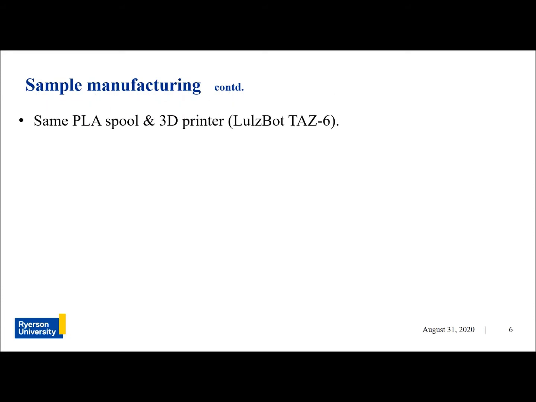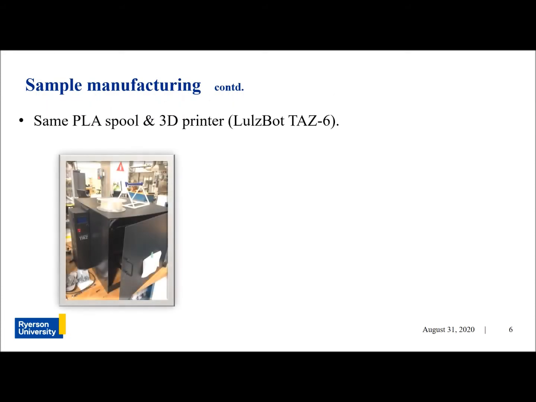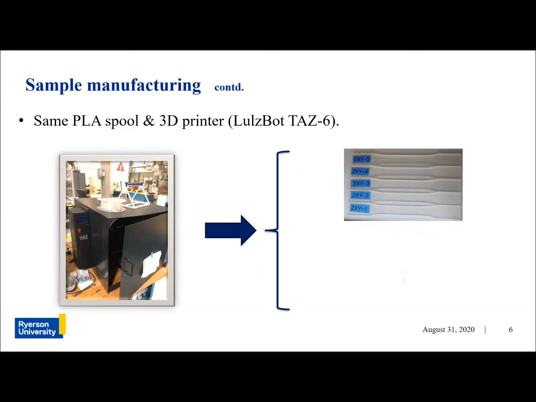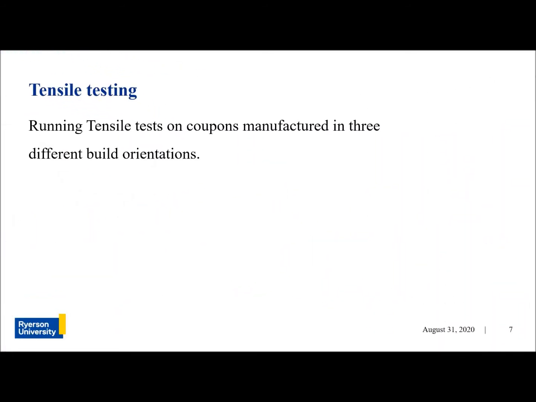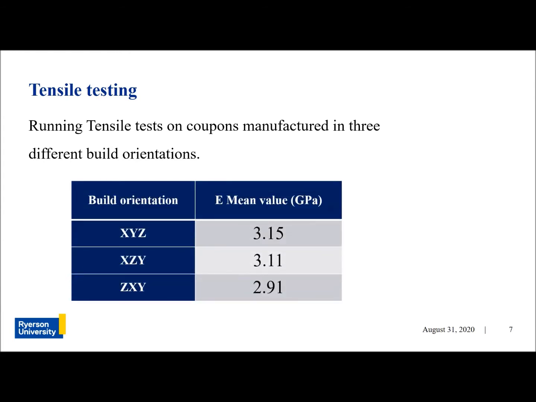And in this slide, we'll have the 3D printer which was used to manufacture both tensile coupons and beams for vibration tests. The table below shows the mean values of elastic moduli for each build orientation.